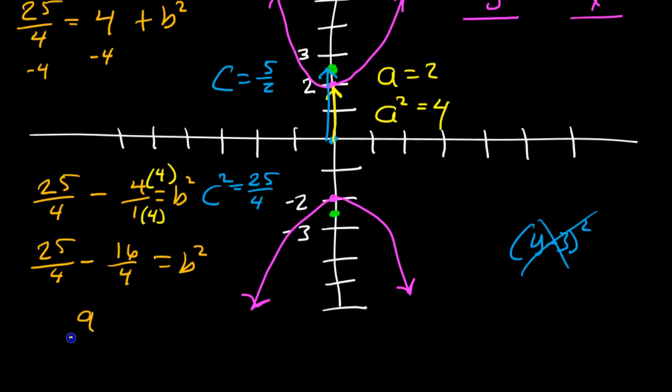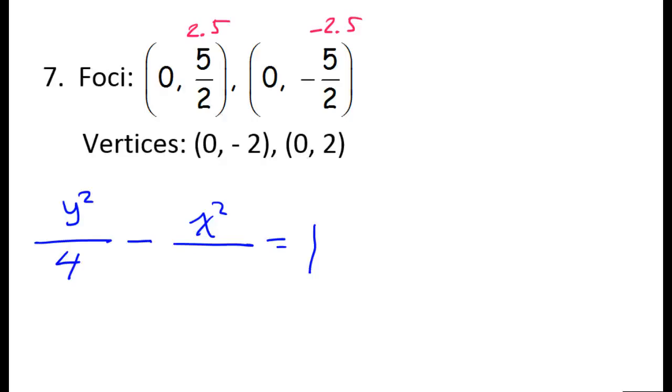So I'm going to have 9 fourths, and that's going to be b squared. And that's all I needed. 9 fourths, man. I really don't like having a fraction inside of a fraction, but for standard form, I feel like this is what we have to do.